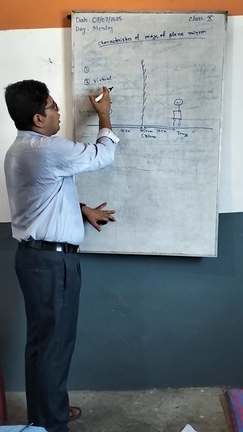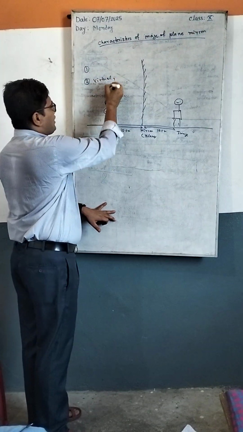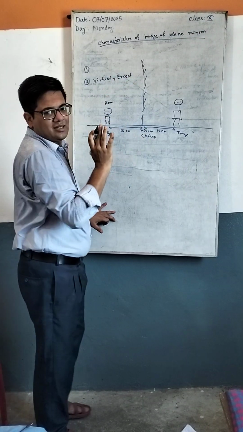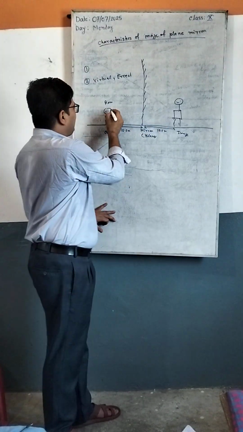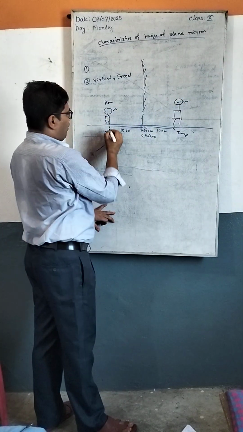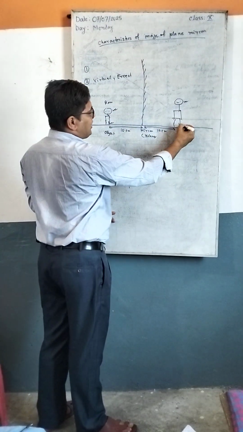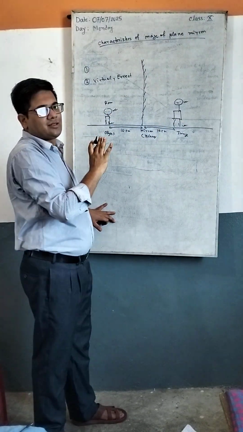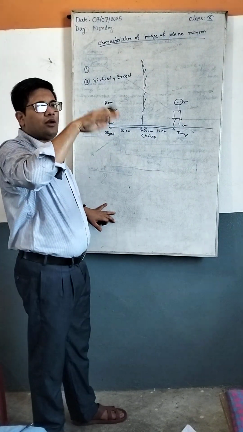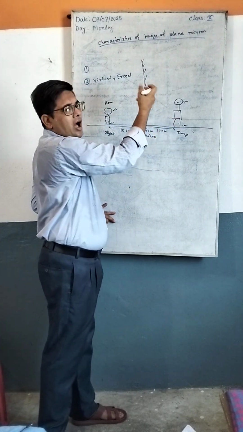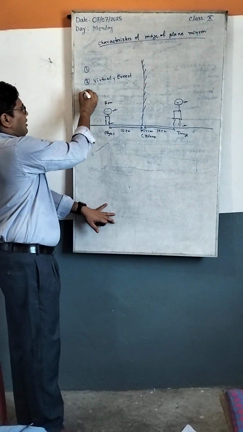That is called virtual. And second, erect. Erect means straight. When your head is at the top, the image head is at the top. When your legs are down, the image legs are down. That is called erect. Inverted means the opposite: the head goes down and the legs go up.